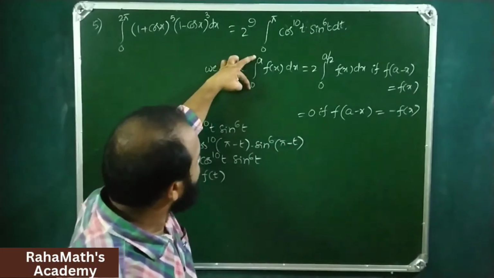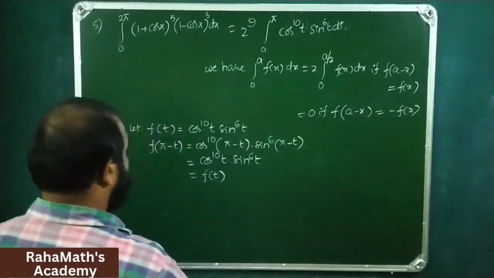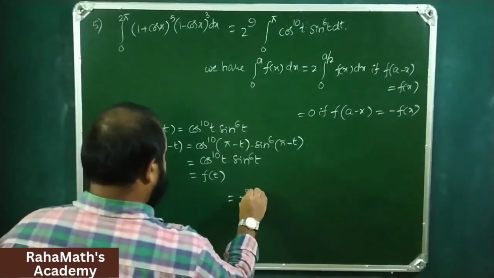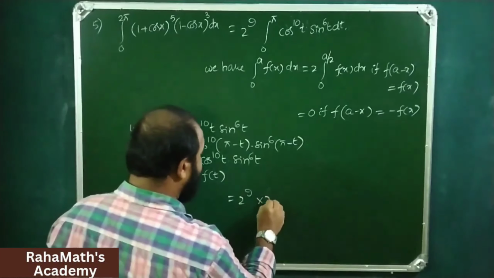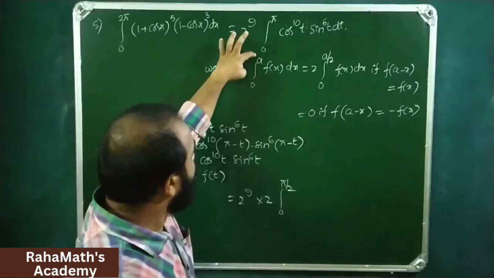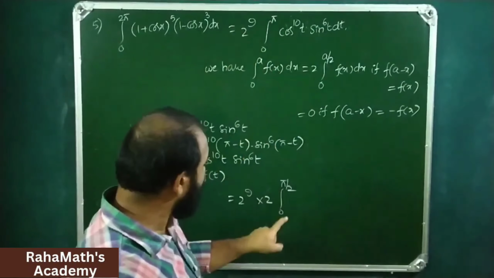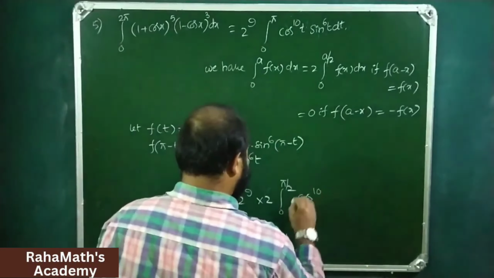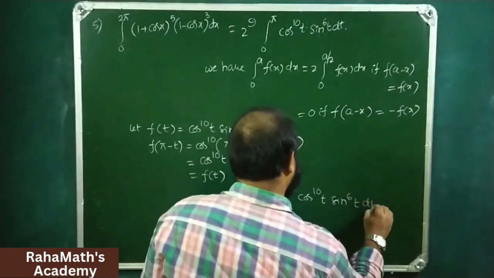Then 0 to a is equals to 2 integral 0 to a by 2. So that is equals to 2 power 9 into 2 into 0 to pi by 2 according to this property. Half of 0 to pi is 0 to pi by 2, 2 will come forward, into cos power 10t into sin power 6t dt.